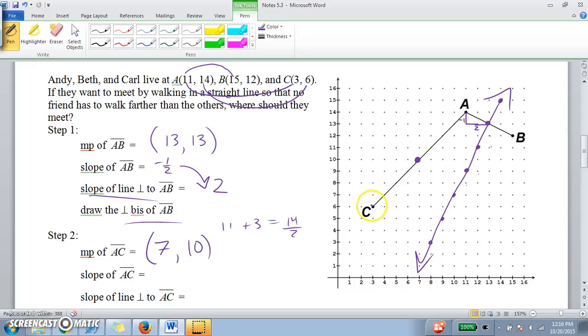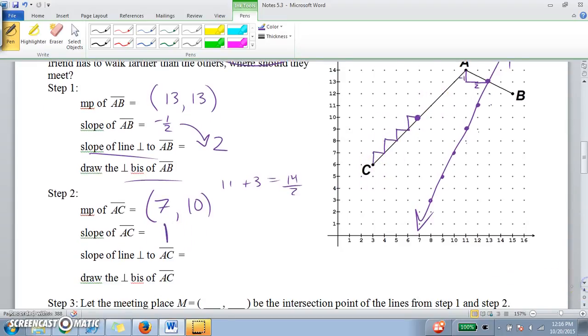The slope of AC, so if I count from C to this next point, or this next point, or this next point, it's going up 1 over 1 each time. So the slope is 1. The opposite reciprocal of 1 is just 1 over 1, so the reciprocal is still 1 over 1, but I need to make it negative. So it's going to be going down this way, down 1 over 1 for the slope here.